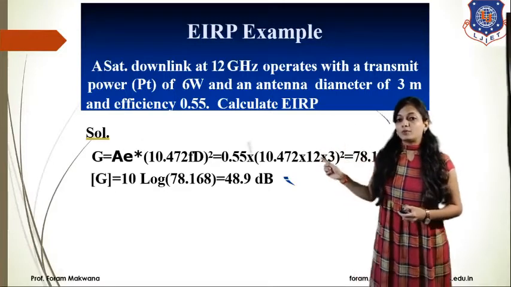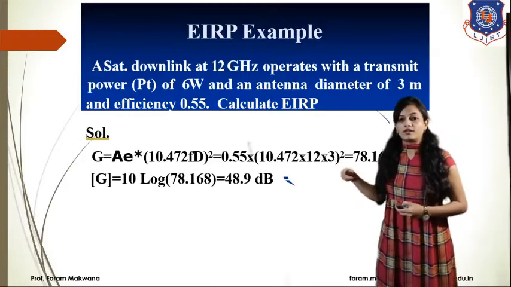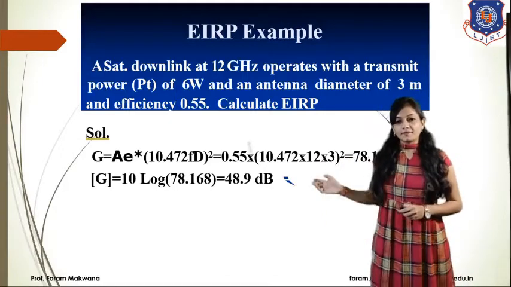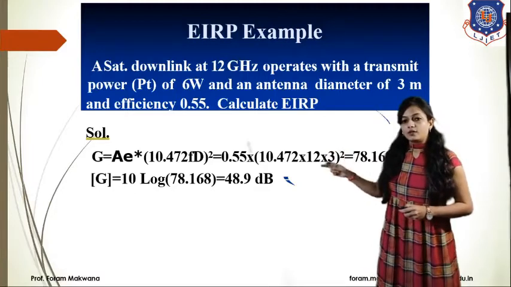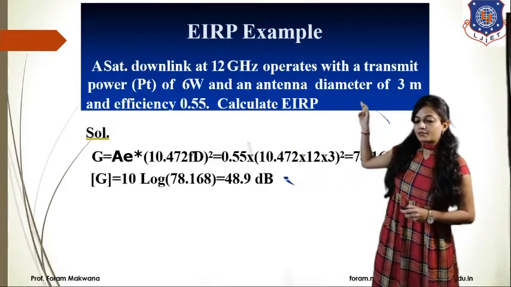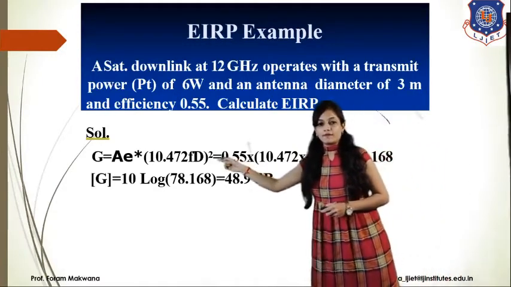We don't need to place 10 raised to 9 or 10 raised to 12, whether it is in gigahertz or terahertz, right? Into D. Over here the diameter is given in meter. So we need to use this formula and whole square.